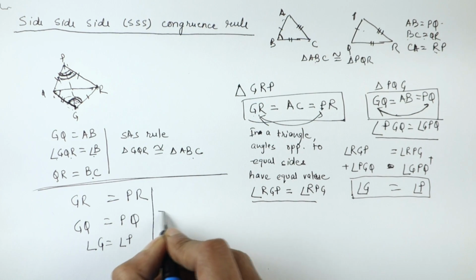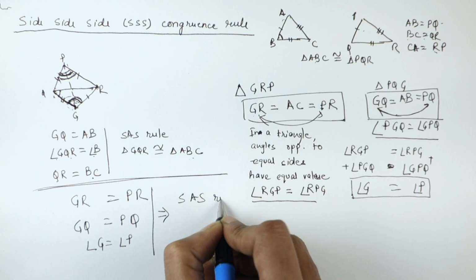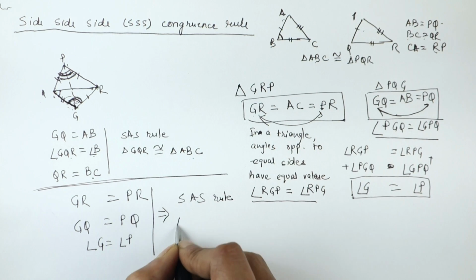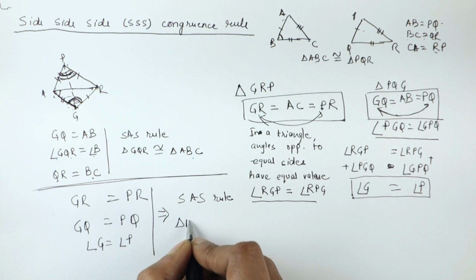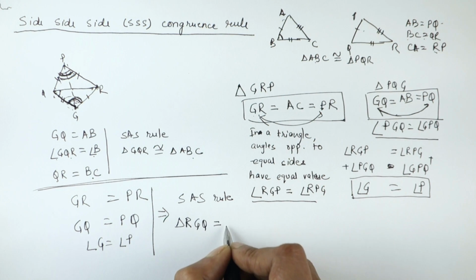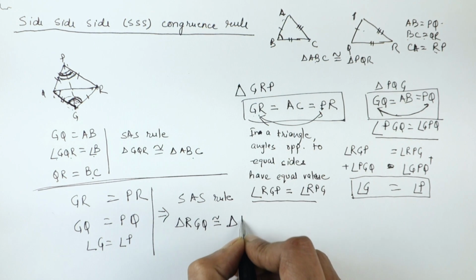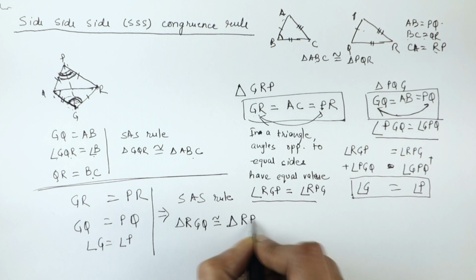So this tells us very clearly by the side angle side rule that the triangle RGQ is congruent to the triangle RPQ.